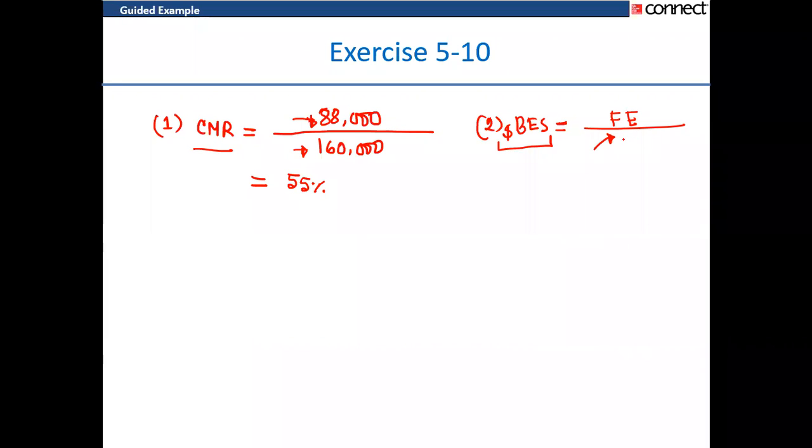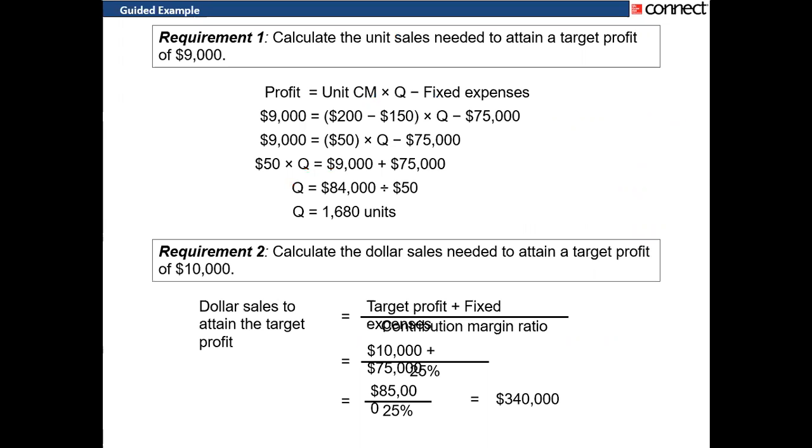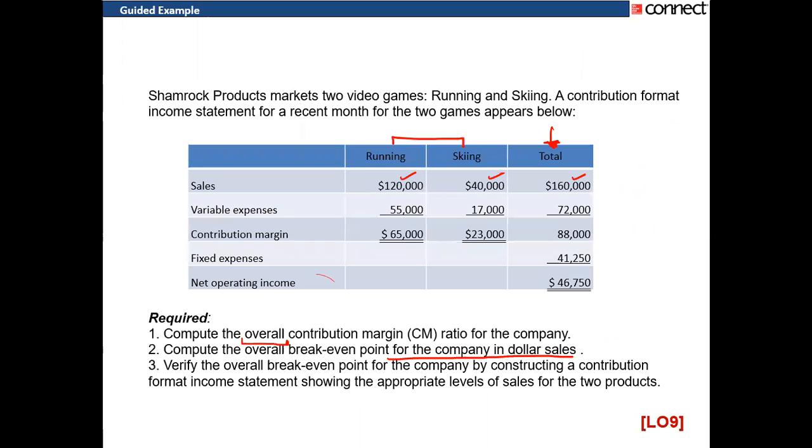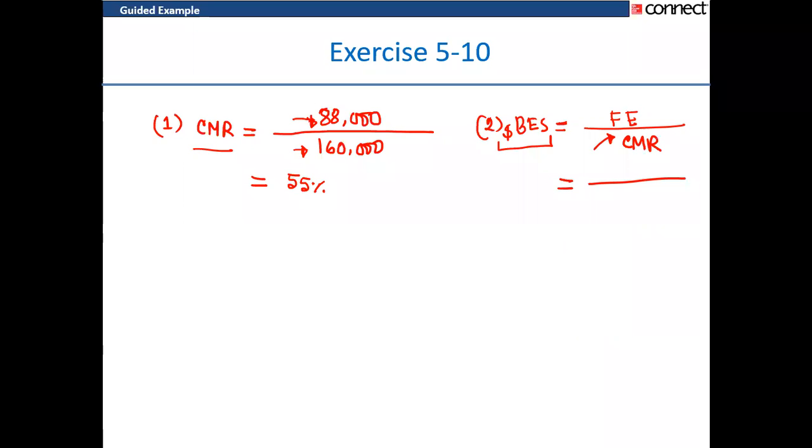So contribution margin ratio, let me write it in this way. Fixed expenses is of how much overall? Not here. The fixed expenses overall is 41,250.